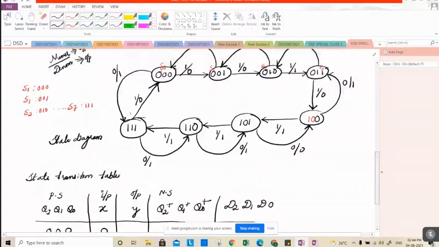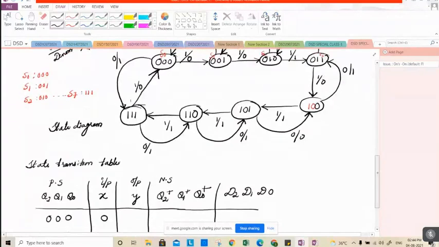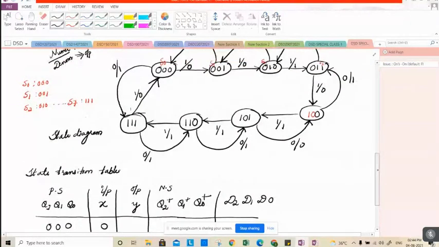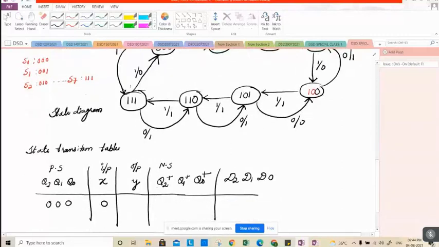My present state is 0, 0, 0, X is equal to 0. The next state is triple 1, and the output is 1.